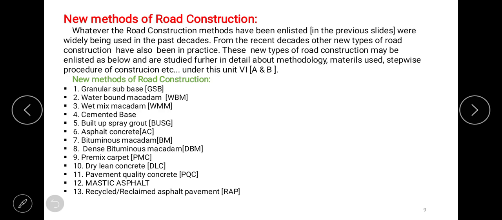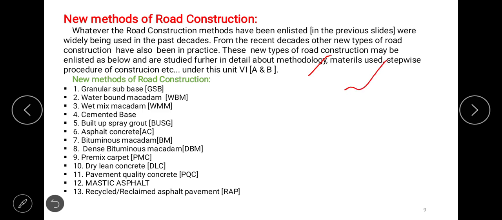These new types of road constructions may be enlisted as under and are studied further in detail as per your syllabus. Apart from WBM road, bituminous road, cement concrete road, that is rigid pavement, few other new methodologies or techniques have been developed in the road construction sector, and we are required to study in detail their methodology and materials used.